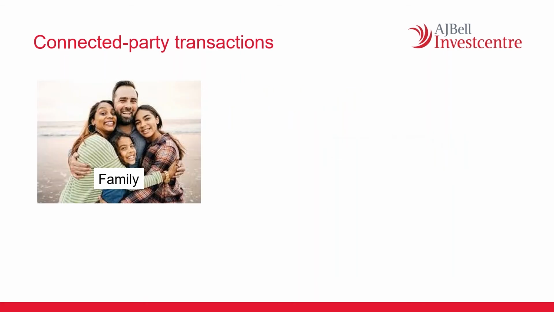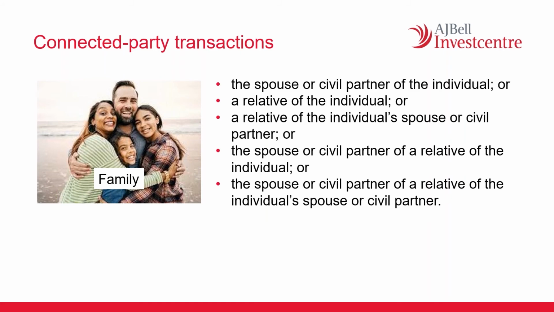So what do I mean by connected party transactions? Who is a connected party? Most obviously you think of family members. If the pension scheme member's pension is purchasing a property that they already own themselves, they're clearly connected, but family members also means spouse, civil partners of the individual, the member, any relative of the individual and their spouse, and so on.